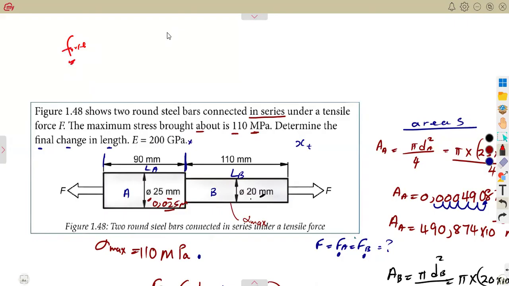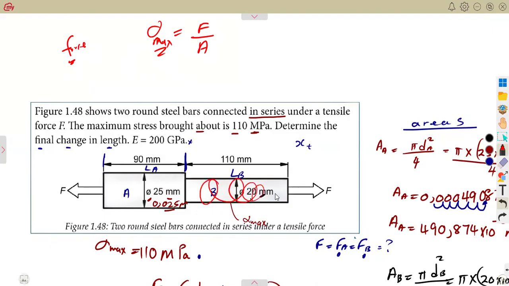Remembering that the stress is equivalent to the force over the area. But here we are not just given any normal stress. We are given the maximum stress. Where does it occur? The ultimate stress is on the section that has the smaller section.